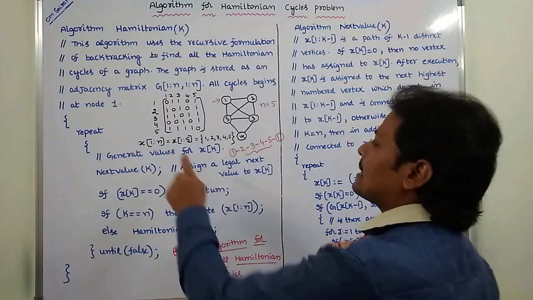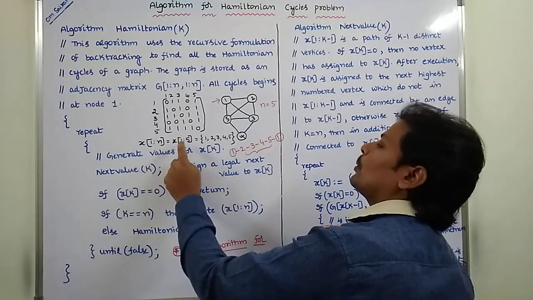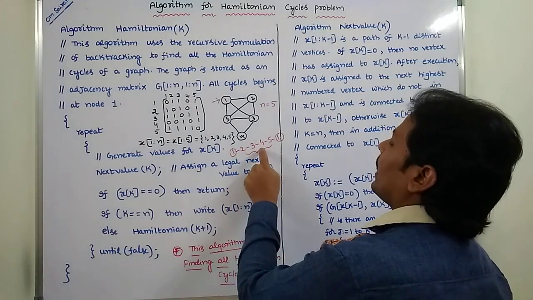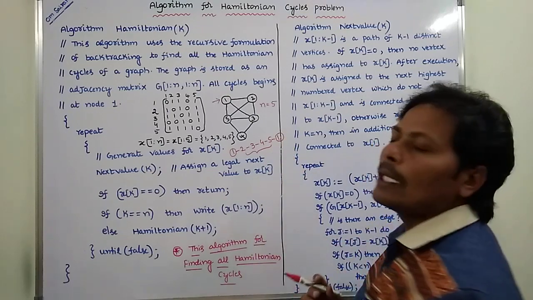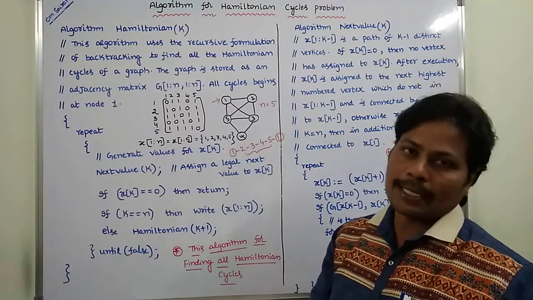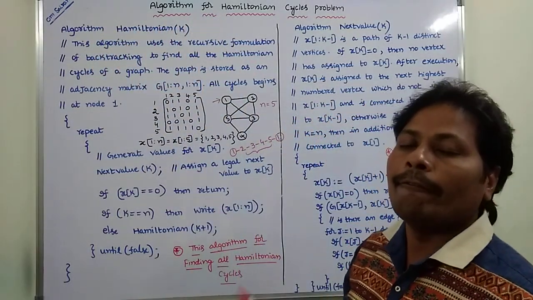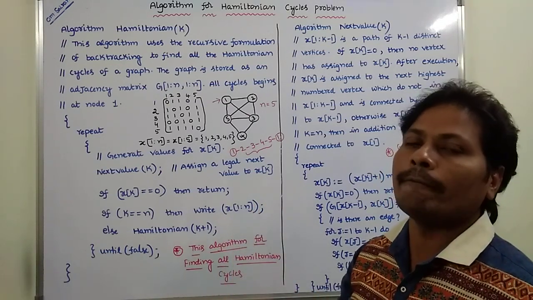So this is the solution vector, x of 1 to n, which is x of 1 to 5: 1, 2, 3, 4, 5. After 5, it is connected to the starting vertex. So this is the Hamiltonian cycle. Algorithm Hamiltonian of K, where K is the index of the solution vector.